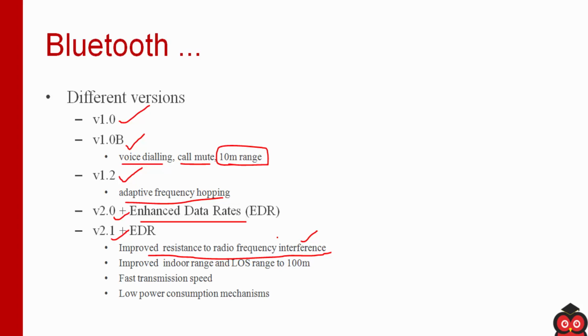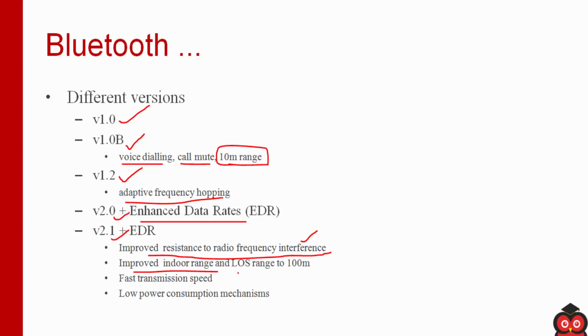Or if there is some other Bluetooth device, it might interfere with another Bluetooth device. That is called radio frequency interference. This interference was reduced in version 2.1, and there is an improvement in the range.